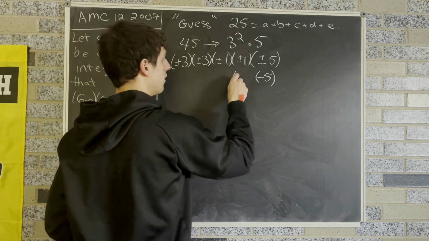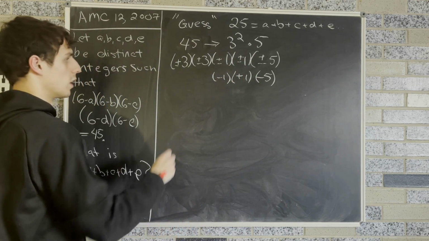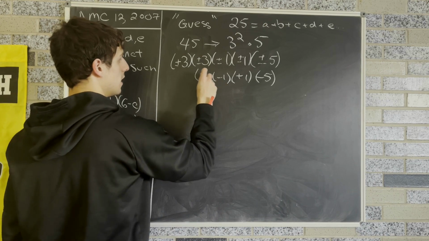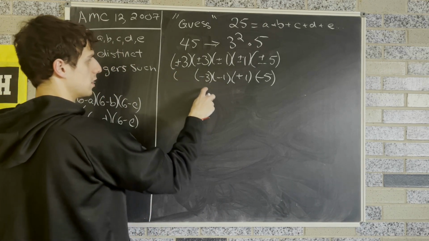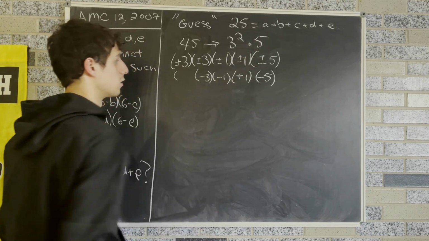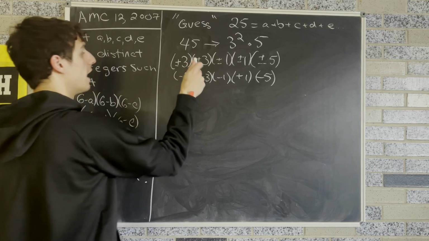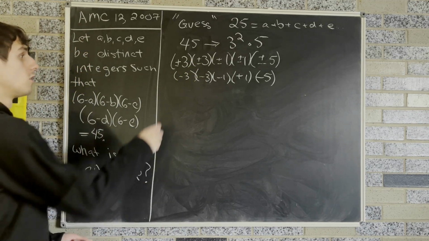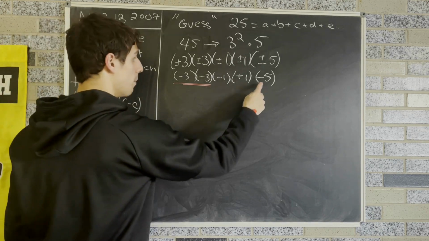Well, if we have a minus 5 in here instead, we can leave this as plus 1, and we can leave this as minus 1, and then we can leave this one as minus 3. And so now we have a minus number, because we have minus, minus, plus, minus. So this whole thing right now multiplies out to a negative number, so we would need another negative number here. But that contradicts what we were given in the original problem, that we have to have distinct integers, if we let this be a minus 5.